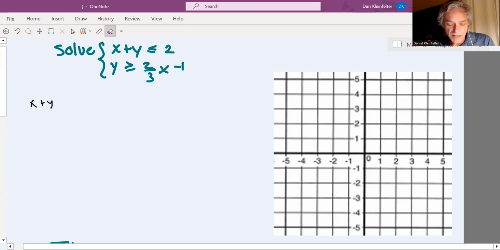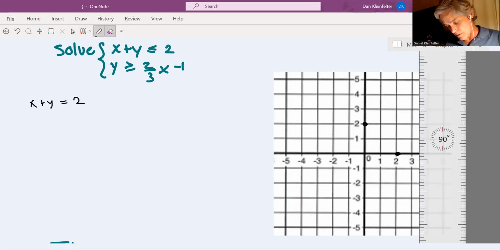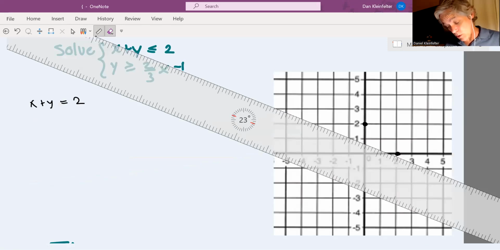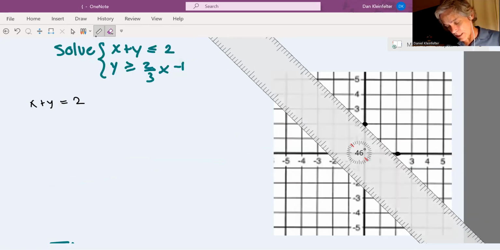So we're going to have x plus y equals 2 for our first line. This has a y-intercept of 2 and an x-intercept at (2, 0). So let's go ahead and connect the dots. Both of these actually had an or equal to on them, and so we'll be drawing these using a solid line.